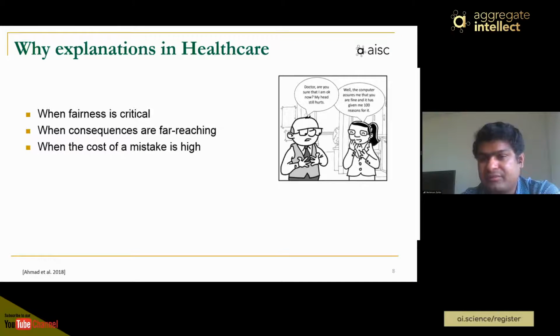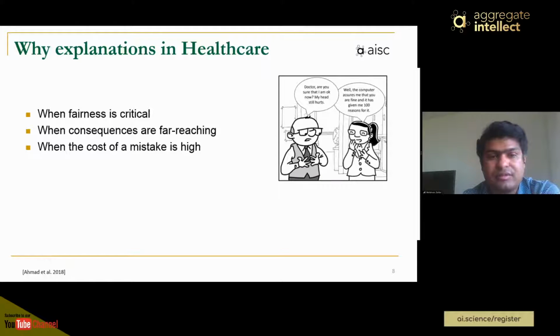the doctor responded, "Are you well? The computer shows me that you are fine, and it has given me 100 reasons for it." But the patient is asking, "Doctor, are you sure that I am okay now? My head still hurts." The machine learning algorithm is saying the patient is okay, but actually he is feeling hurt.